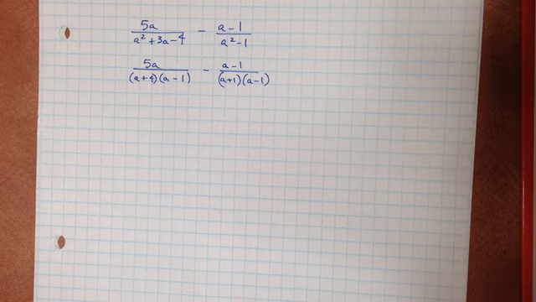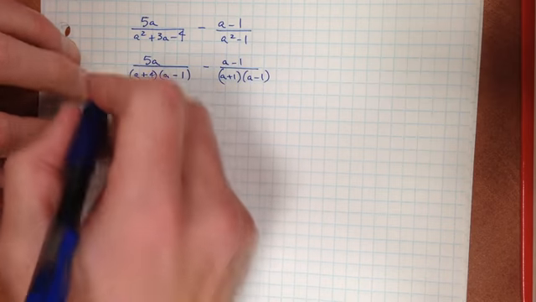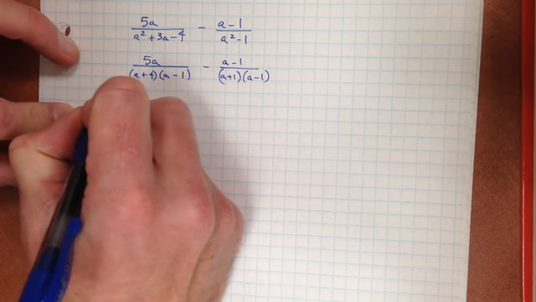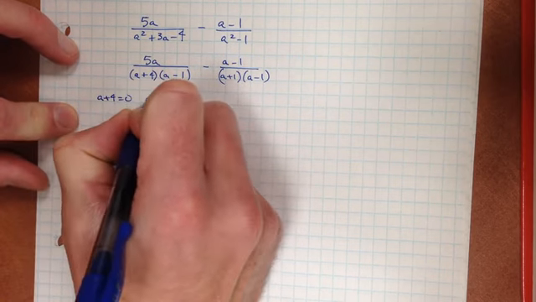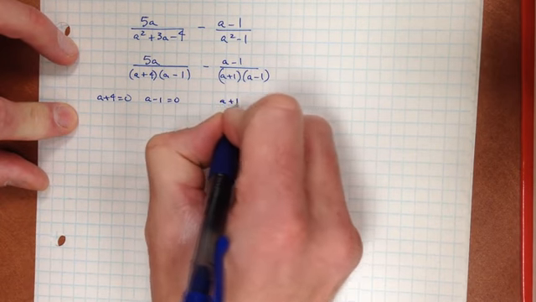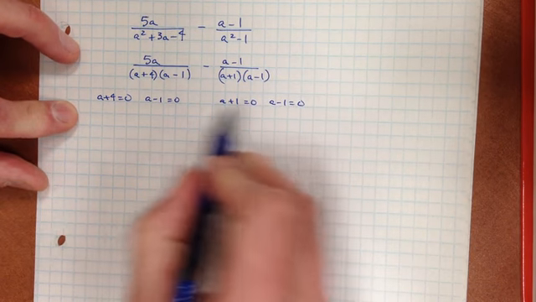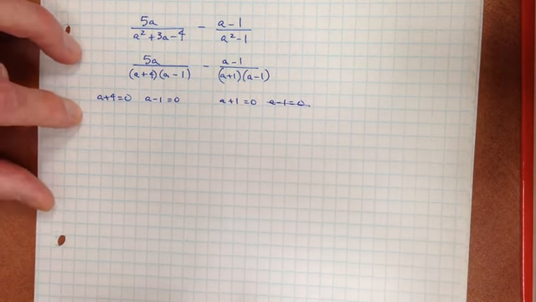All right, there we go. Now I'm looking at these denominators, and the zero product property will apply very nicely here. I can take this factor, a plus 4, set it to 0, a minus 1, set it to 0, a plus 1, set it to 0, a minus 1, set it to 0. I already have that one, so I don't need to do that twice.